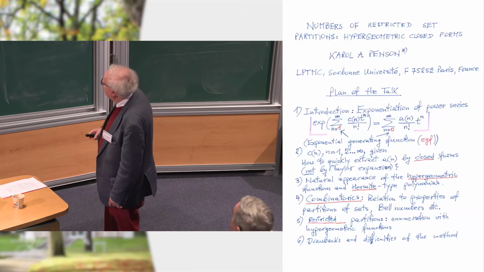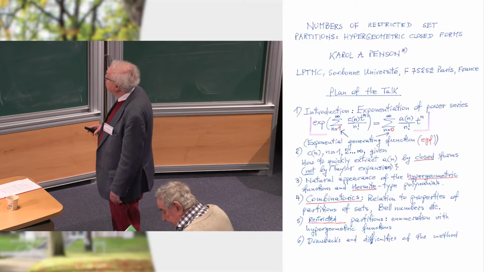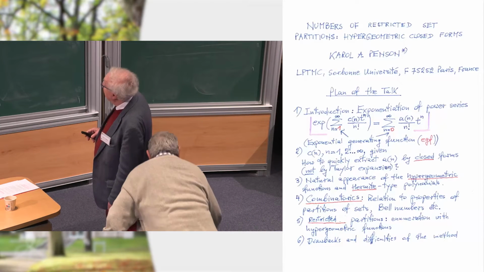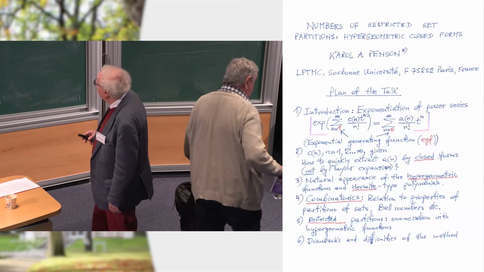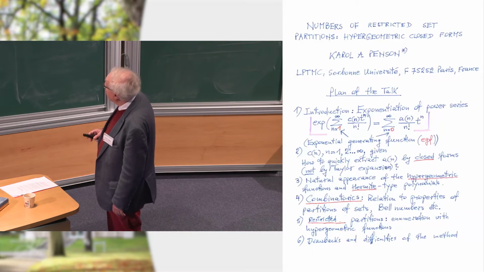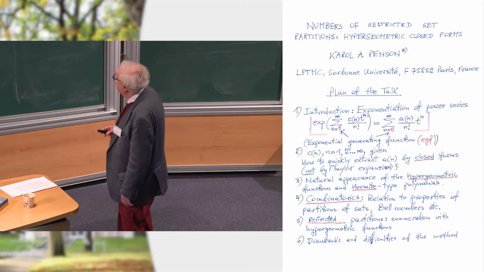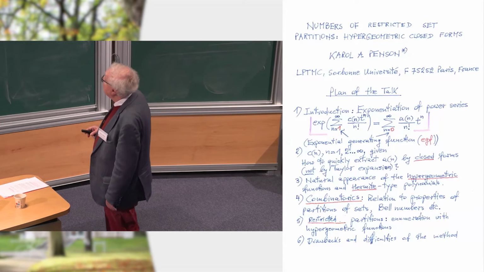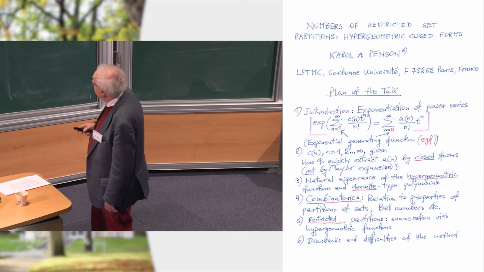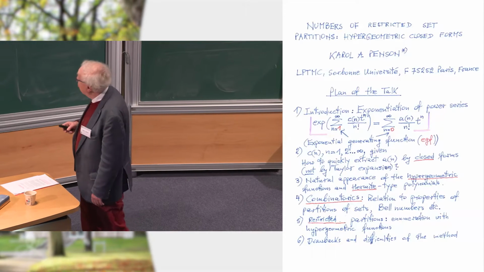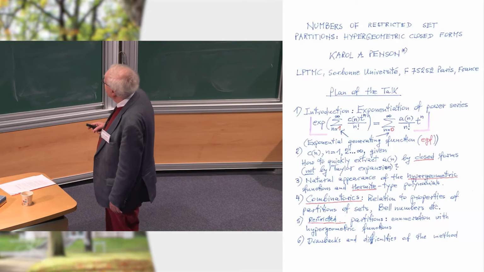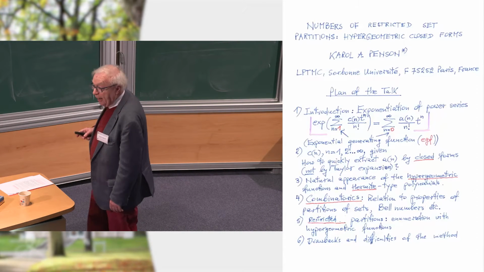Here under point 1 we have a power series which starts with n equals 1, a sort of exponential generating function with the coefficients Cn in the exponent, and the result of this exponentiation is another series which starts this time with n equals 0, and the coefficients are called An.